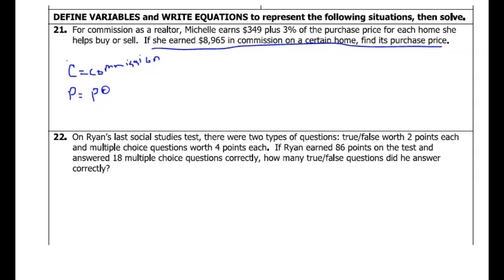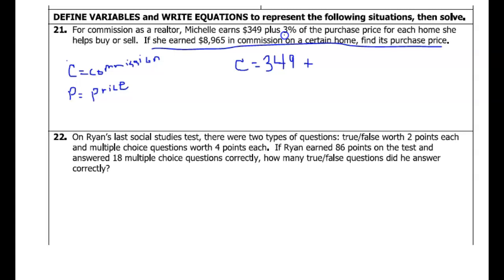If I'm writing an equation for this, her commission is first $349. So $349 is what she starts with. And then we'll add on to that 3% of whatever the purchase price is.